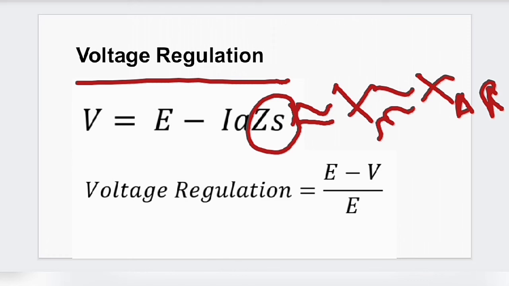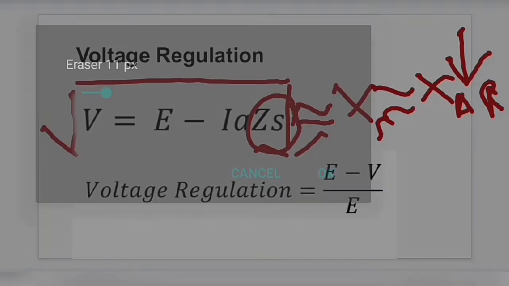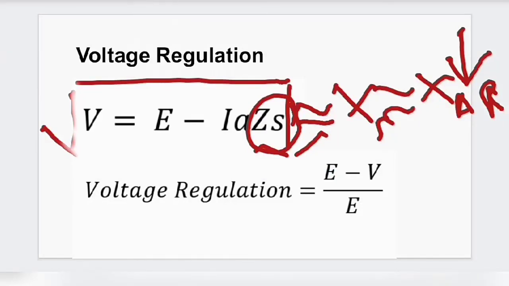If the size increases then XCR decreases, so ZS decreases, that means V increases.